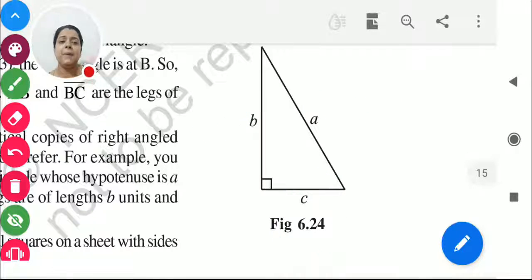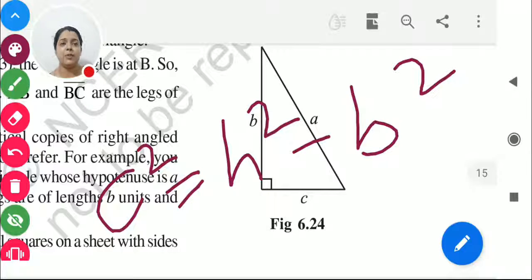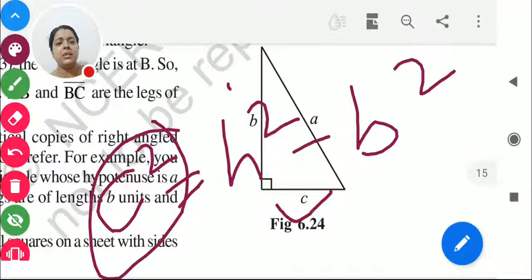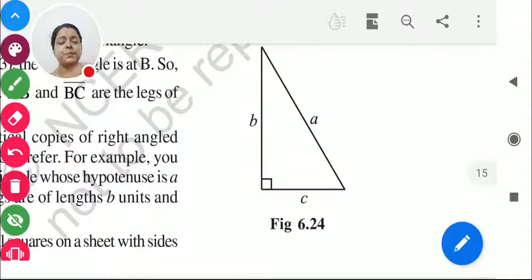Undoubtedly yes, because we'll find that base square is equal to hypotenuse square minus length square. So if you want to find any of these two, you have to minus it from the square of hypotenuse. Remember that hypotenuse you need to minus it.